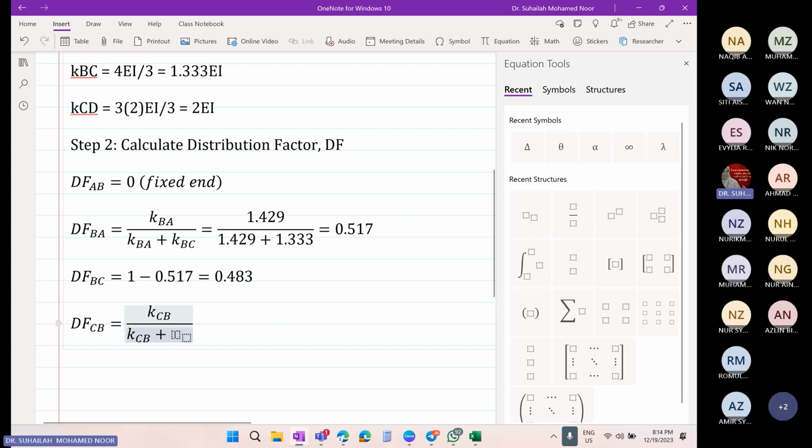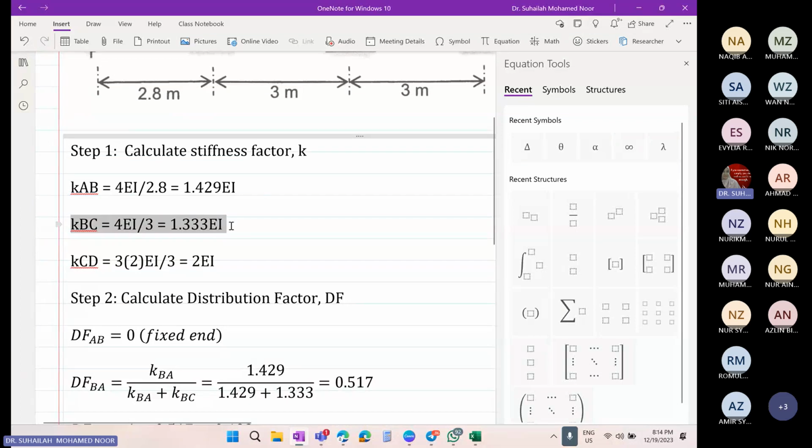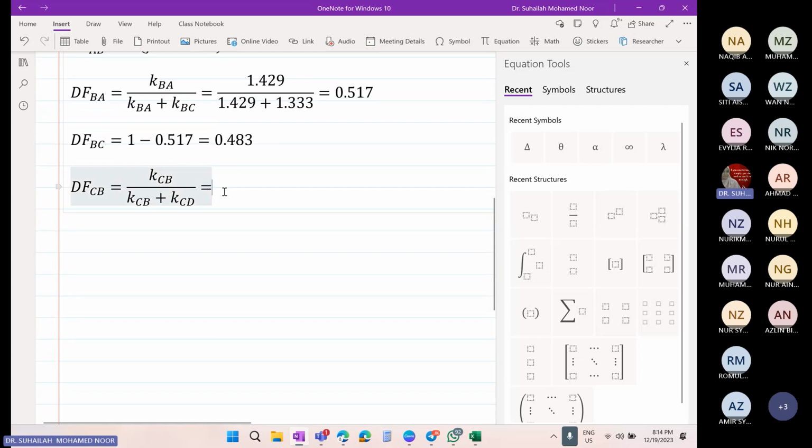So we will get KCB is equal to KBC. It is the same member, KBC and KCB are the same. So we get 1.333.